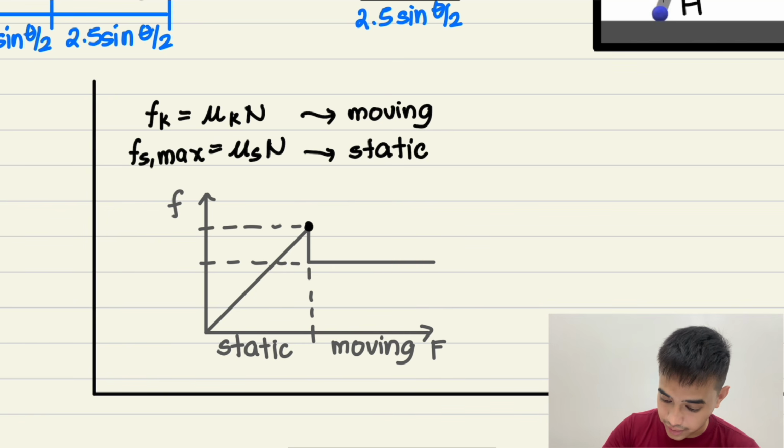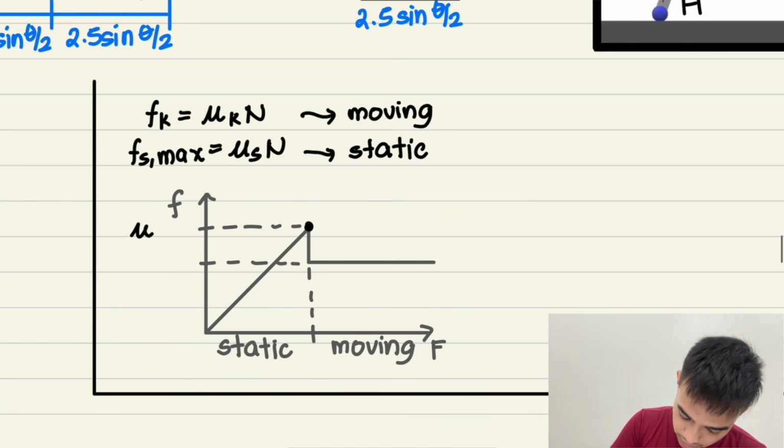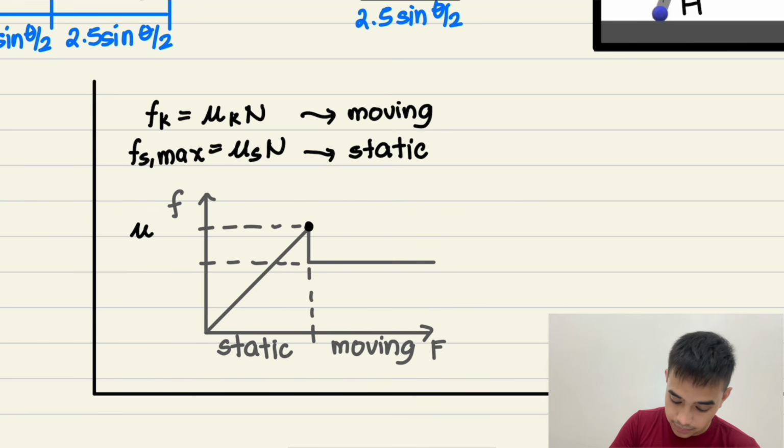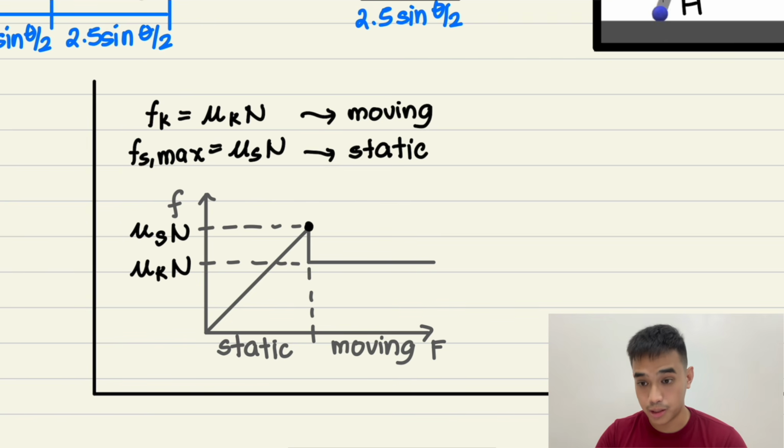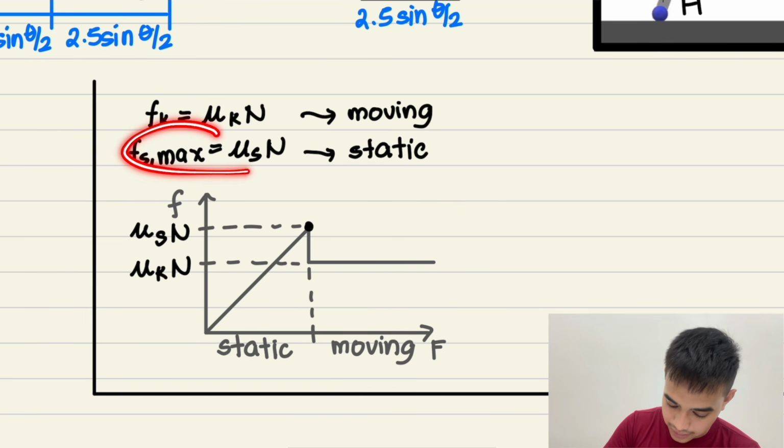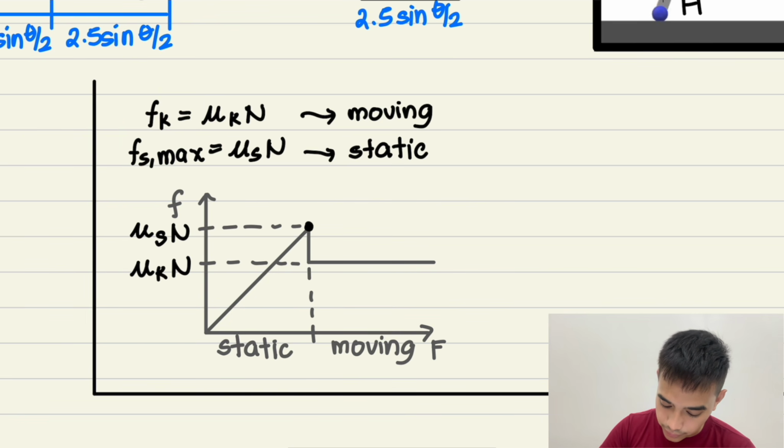The values of these are, for the highest ordinate, mu s times N, and mu k times N after it starts to move. So my point here is that for static objects, its value is not always this. Our value can be any of those here.